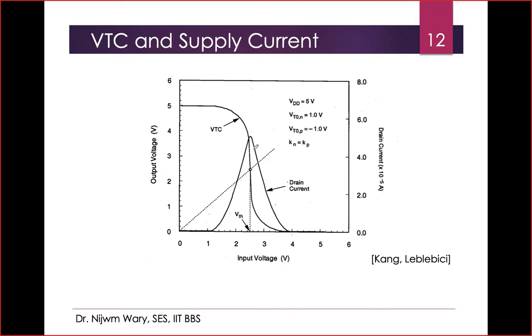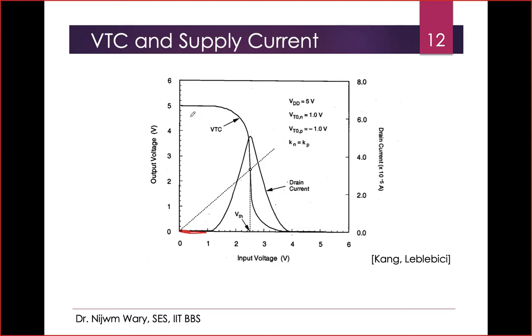Whenever the input is very small, the output is high, VDD, and whenever the input is very large, the output is small. There is no static current. However, in this transition state, there is a change in the peak current.